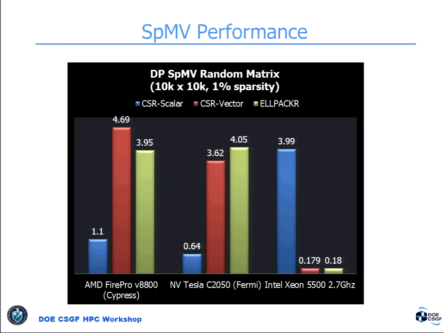And so on the FirePro, it was very high performance for the vector layout, and on the NVIDIA Fermi, it did much better for the ELPACK format. So that gives you some idea about the performance portability. You can see dramatic changes in these devices based on some small changes in the architectures.